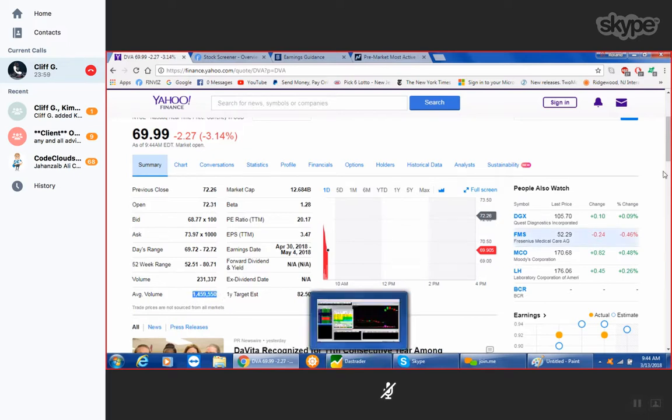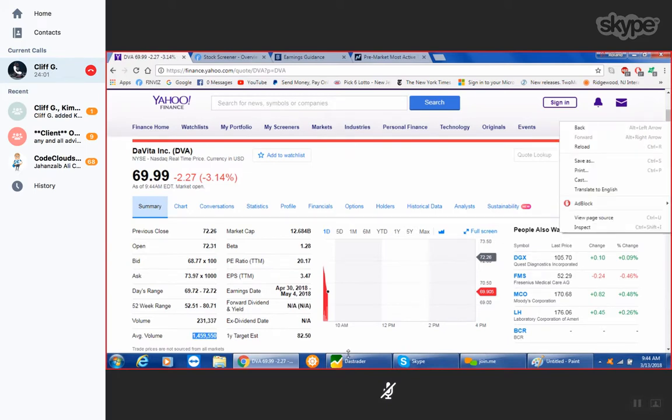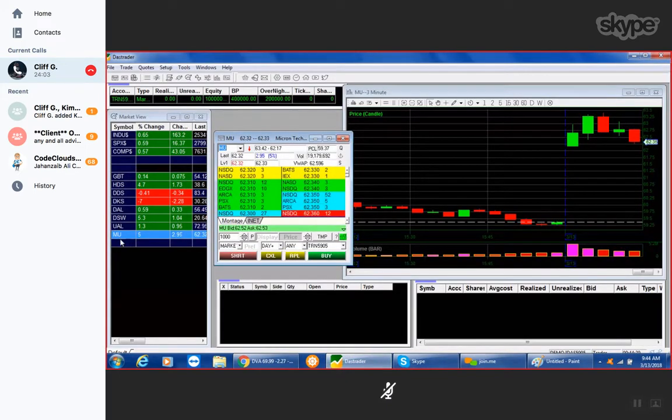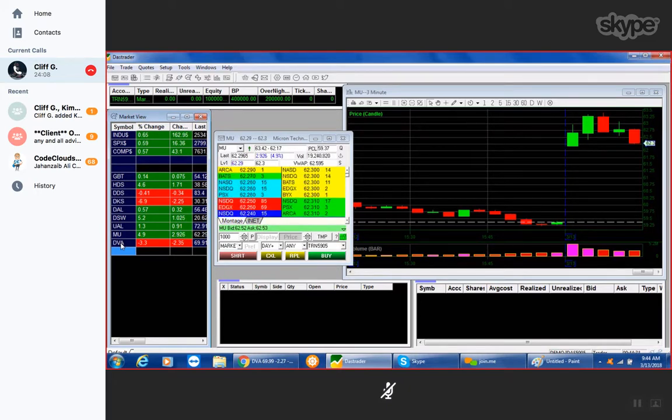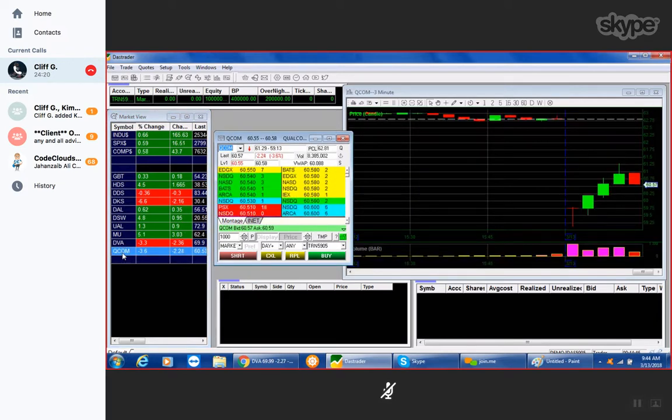I'm going to add this stock as I compile my list, DVA. I'm still looking at what's going by. Qualcomm should be on this list this morning too. Here's Qualcomm, 8 million shares, $60 stock, down 3%.